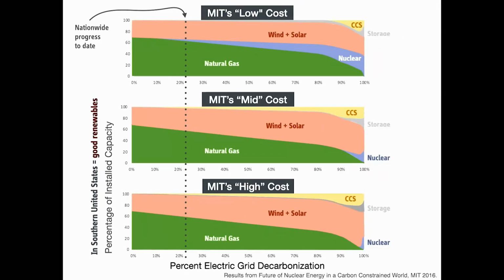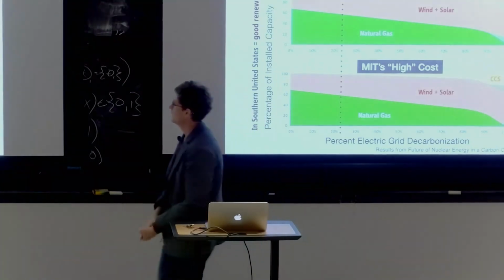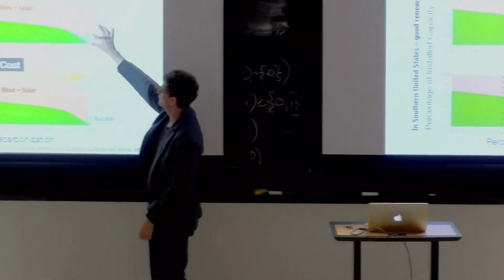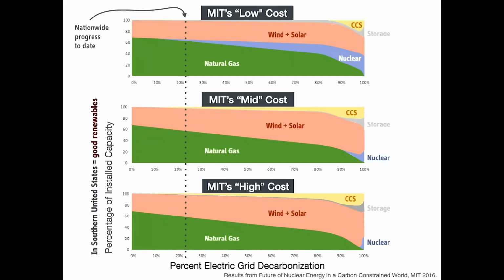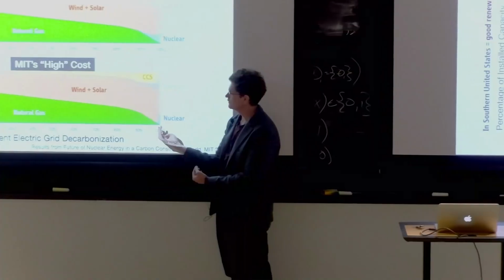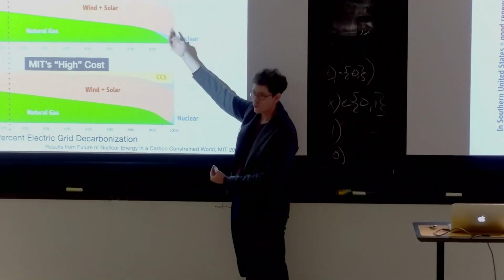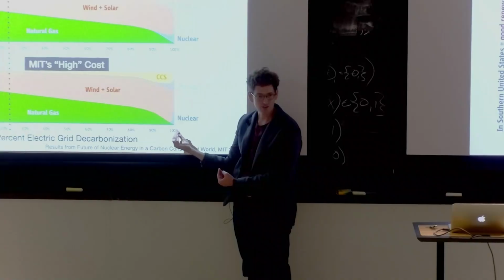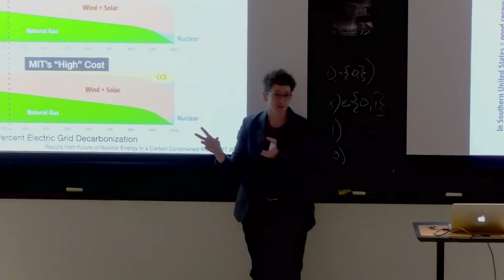You see wind and solar just expands because it makes a lot more sense there, and nuclear becomes really very tiny. So the story is that nuclear makes sense if it is cheap, or if you need 100% decarbonization or something close to that, and we don't know how much we need. But both of these things must be true, basically.